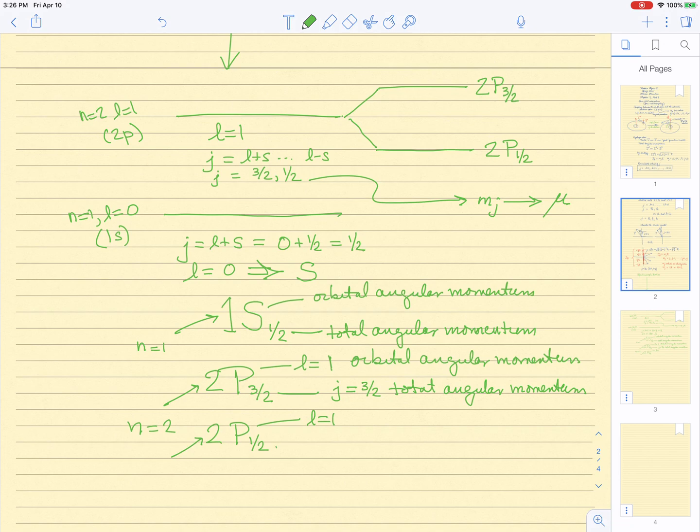And the same here, so this is going to be the orbital piece, and then this will be the total angular momentum.